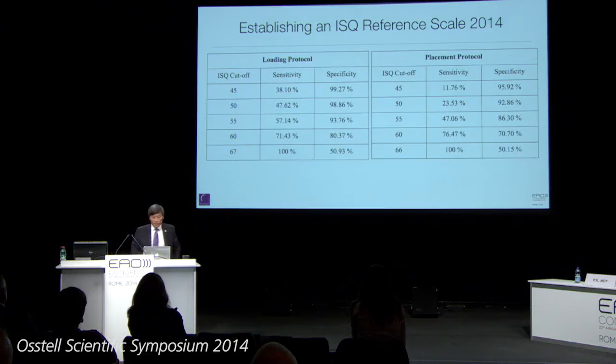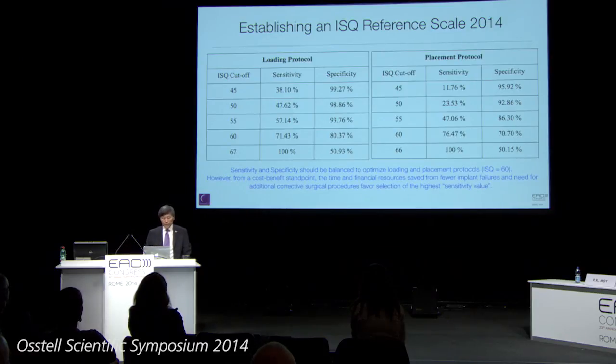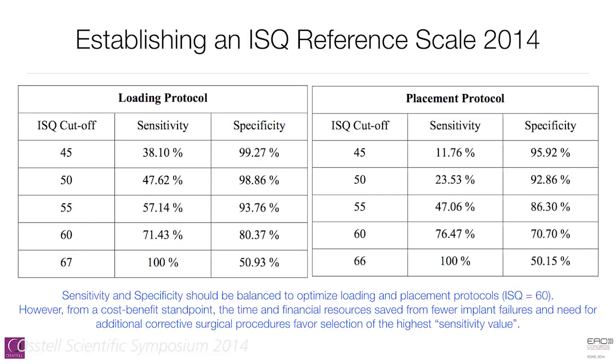And so this is where we maybe go down to 60 ISQ value as far as immediate provisionalization is concerned, but understand that there is a significant drop-off as far as predictable success rates are concerned. So the sensitivity and specificity of these values should be balanced to optimize loading and placement protocols. So again, around ISQ value of 60.